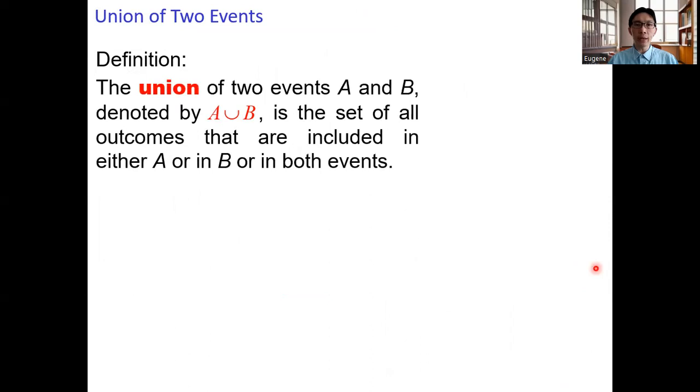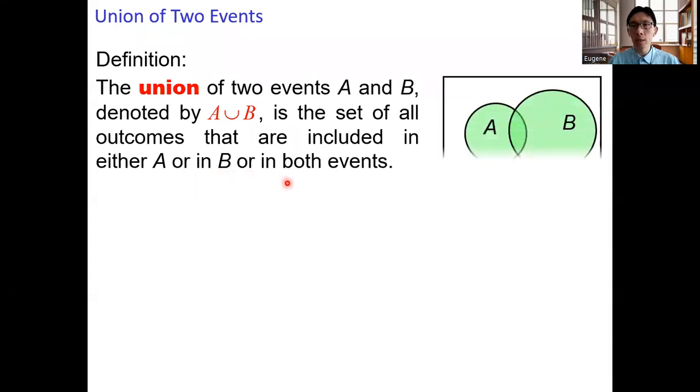The union of two events, A and B, is denoted by this notation, A union B. It indicates the set of all outcomes that are included in either A or in B or in both events. So consider the Venn diagram on the right-hand side, the colored region corresponding to the union of event A and event B.